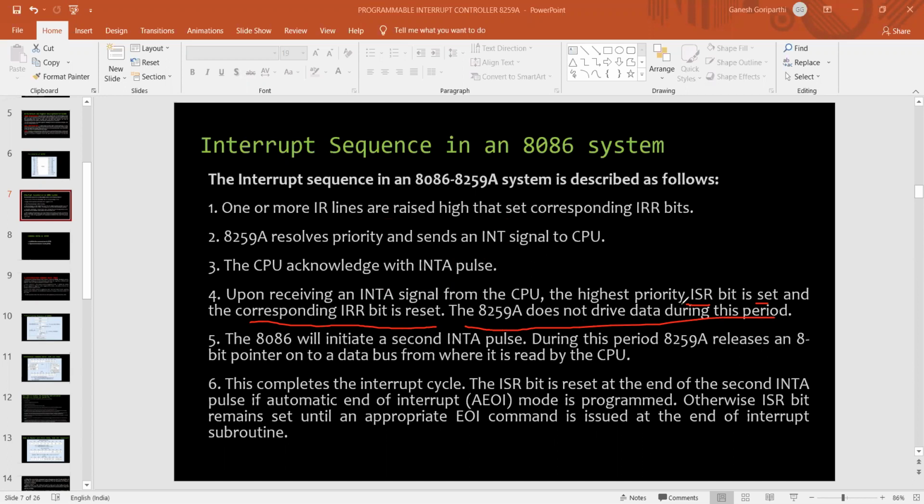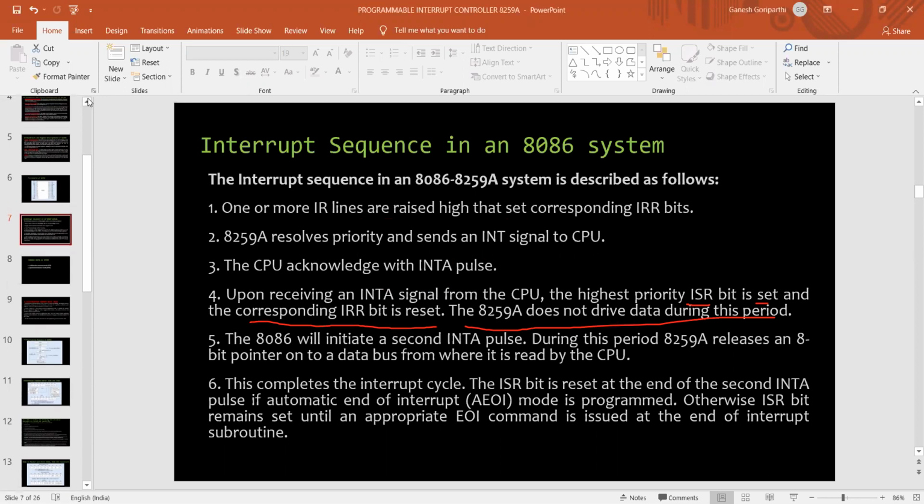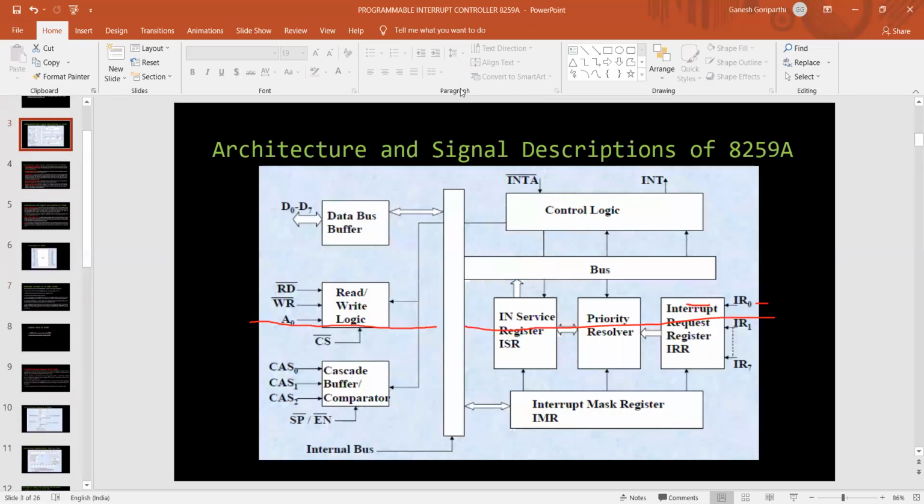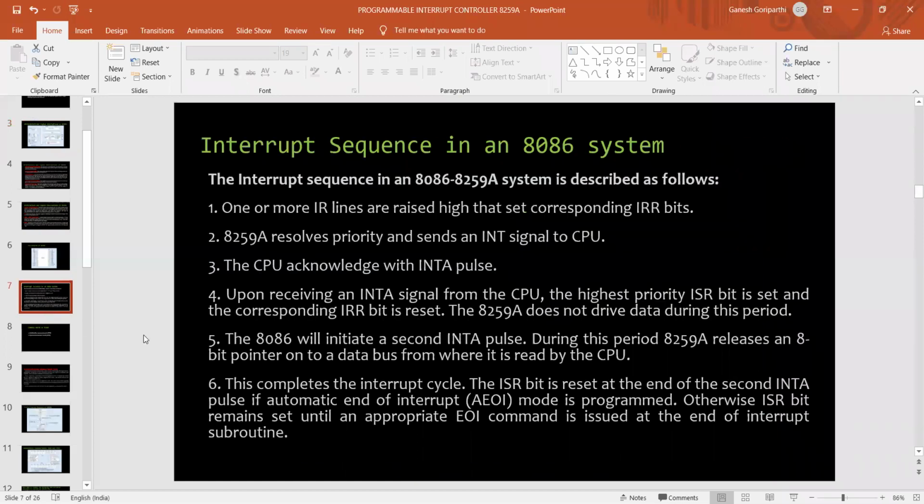In order to make you understand, I'll just go back to the architecture part here. See, upon receiving the interrupt acknowledgement signal from the CPU, that is, after receiving the acknowledgement signal, what happens inside the 8259?